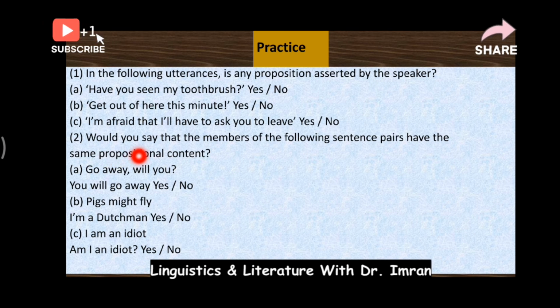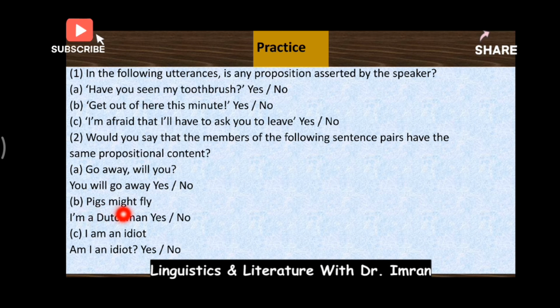Two: would you say that the following sentence pairs have the same propositional content? "Go away, will you?" and "You will go away." So we have the same propositional content, the same proposition, but here the speaker asserts and here the speaker is questioning, not asserting.